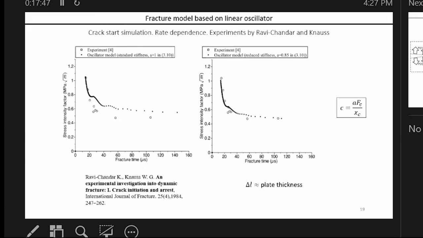We have to reduce the stiffness of the spring a little bit, but it is still remarkable. I mean, without any adjustments, we still get the effect. We get the dynamic branch for relatively high loading rates, and we get something like a static branch for the cases when we load with slow velocities.